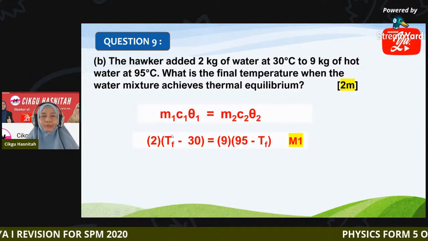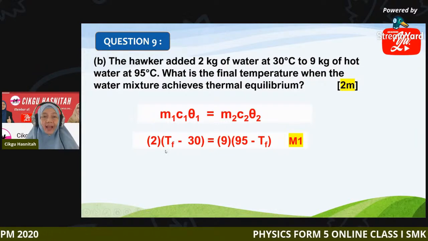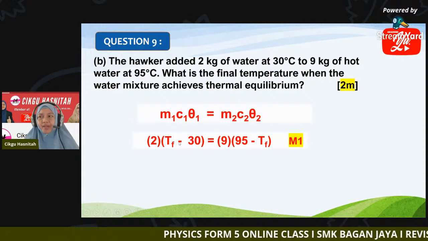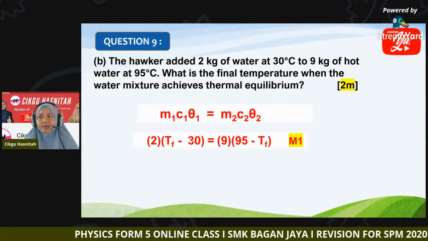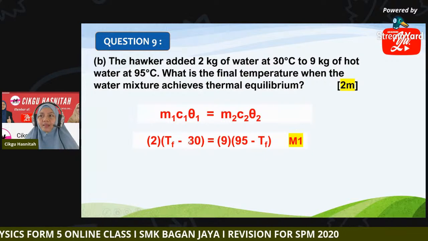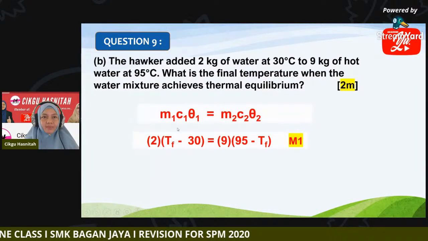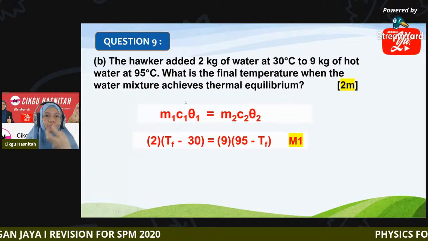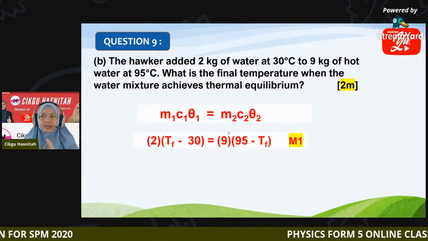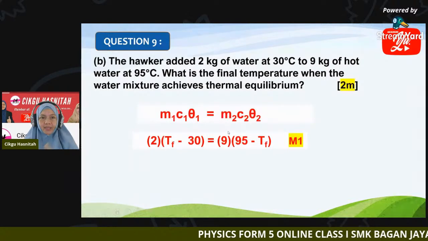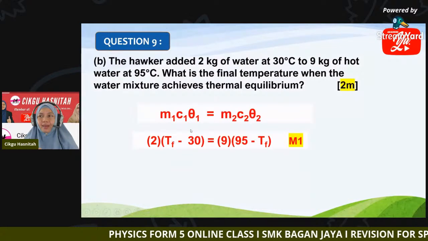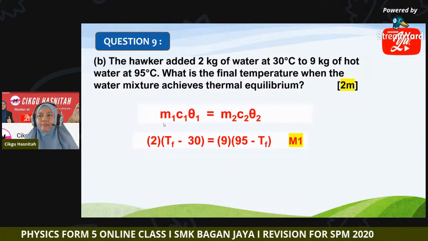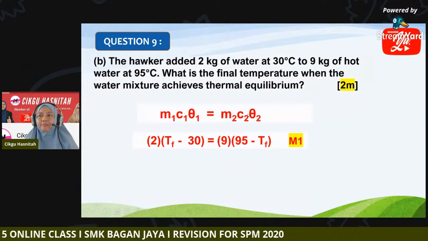The final temperature will be higher, so the temperature change is Tf minus 30. C is the same since they are both water, so I cancel C1 and C2. The one that remains is M1 theta 1 equal M2 theta 2.